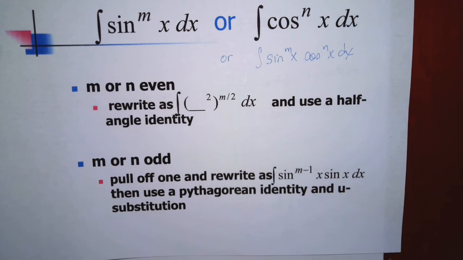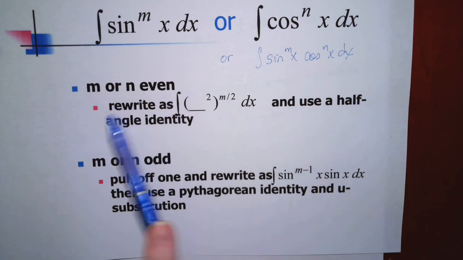Now, if they're both odd, if it was like sine to the third and cosine to the third, you can pull off either one you want to and just rewrite the others in terms of the second trig function. You have choices in that.